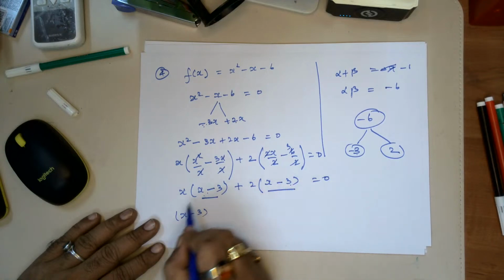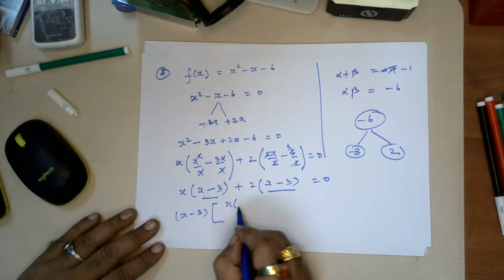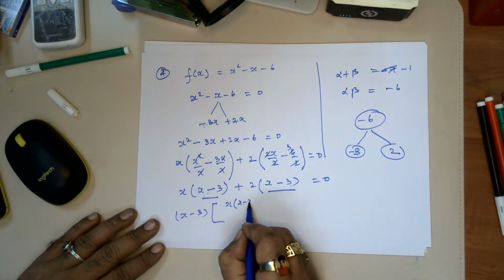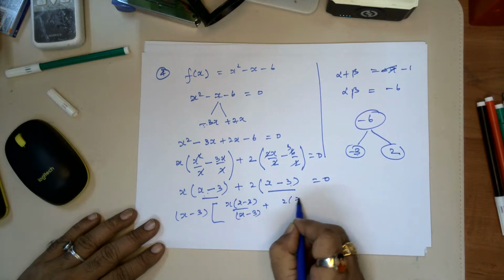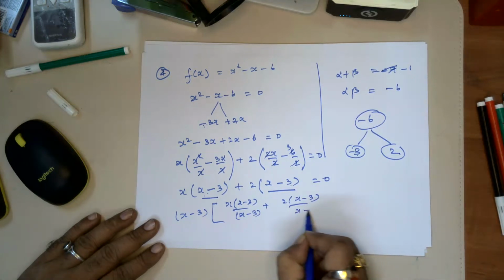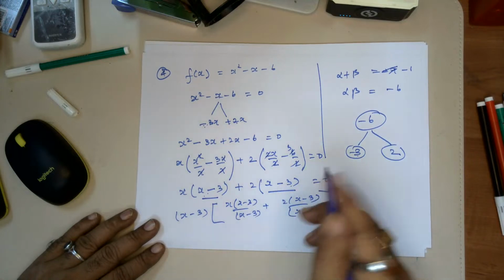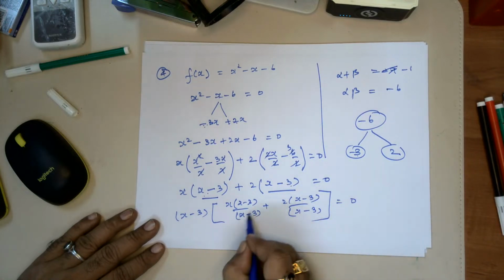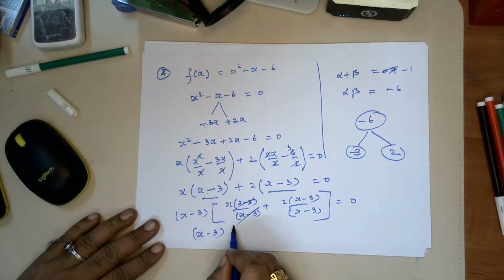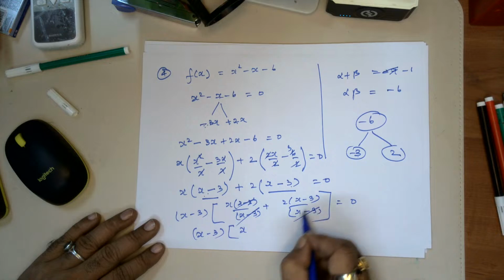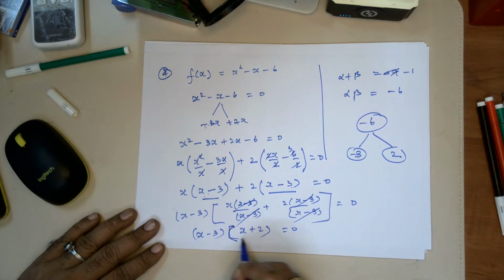So, you are once again dividing each term by x minus 3, is it not? When you take outside the bracket, you are dividing by the same factor. So x minus 3 cancels. So x minus 3 into x plus 2 is equal to 0.